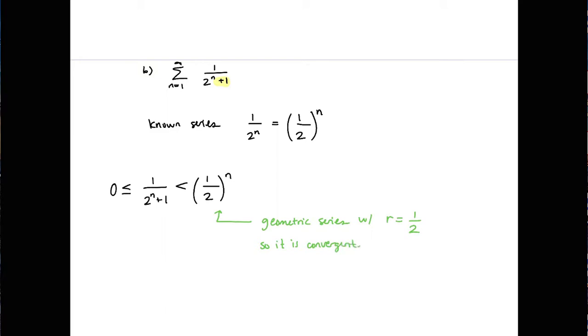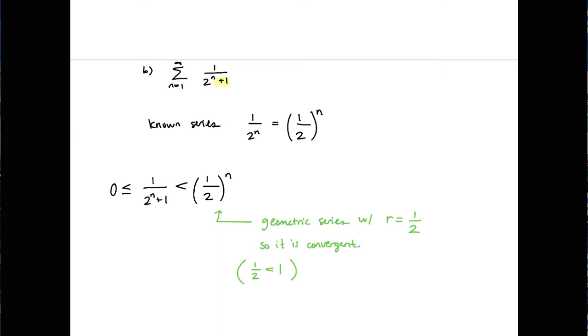And again, in a previous video is where we explored geometric series to their full extent, and we concluded that when that ratio is magnitude less than 1, when the magnitude is less than 1, your series converges.